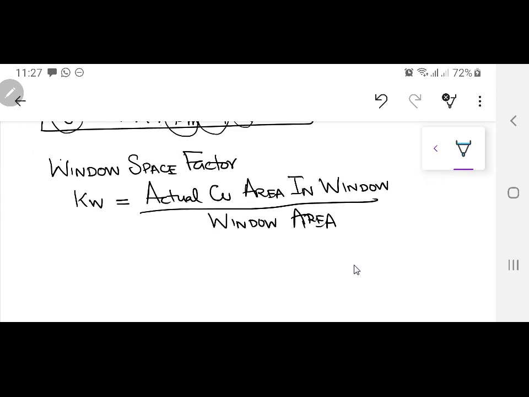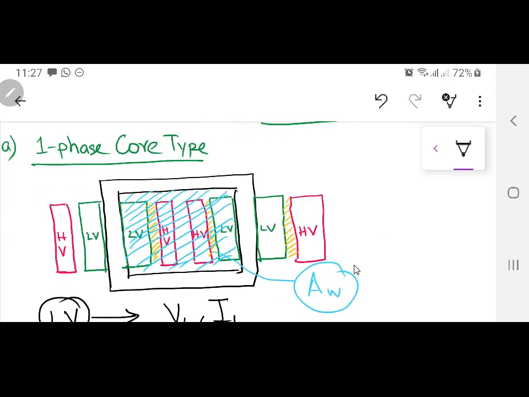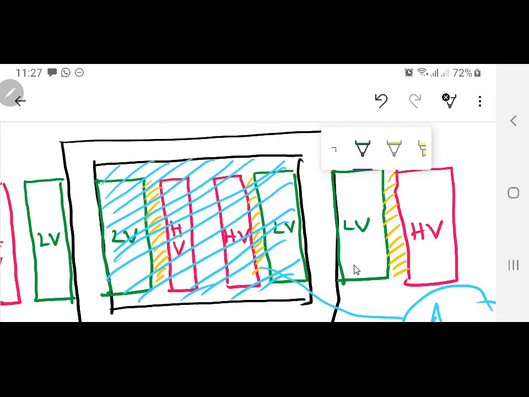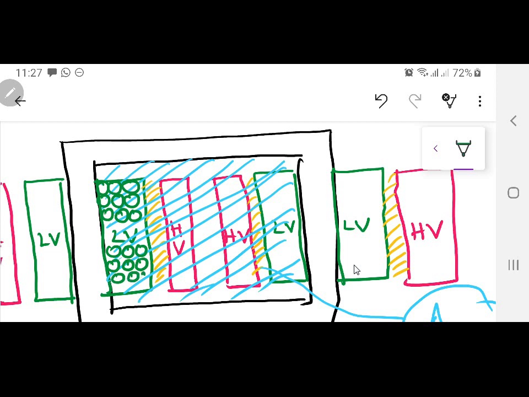So now if I am talking about this KW for this single phase transformer, on the numerator, what do I have? The actual copper area in the window. If I go back to my diagram and zoom in over here, in this window, how will my low voltage winding be? One conductor will be here, one here, one like this, another, another, and in this way you are going to fill the whole of this low voltage winding.